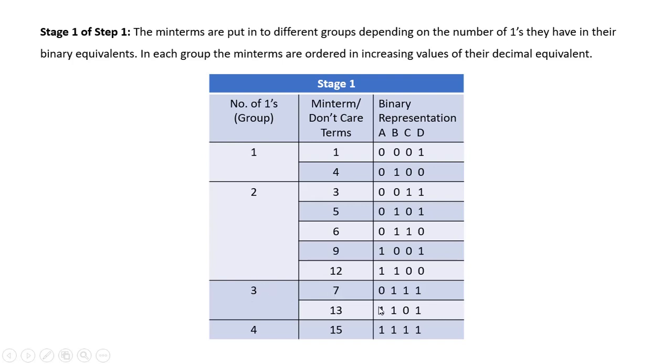So 7 and 13: 0111 and 1101. Now coming to group 4, where we have 4 ones. So 15 is 1111. So we have completed stage 1. We have arranged the minterms and don't cares in groups, and within the group we have collected them in ascending order.